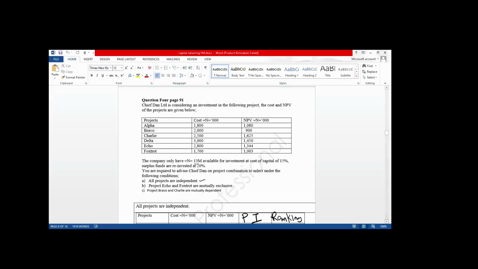All right, any question, please? Otherwise, we go to part C of this question. If there's no question, please can we refer to page 91? Question number 7.